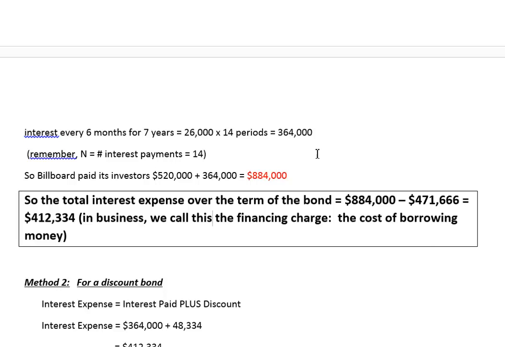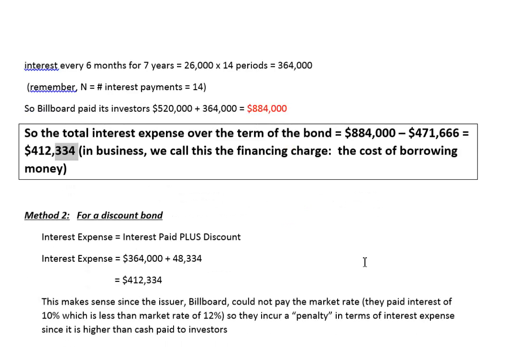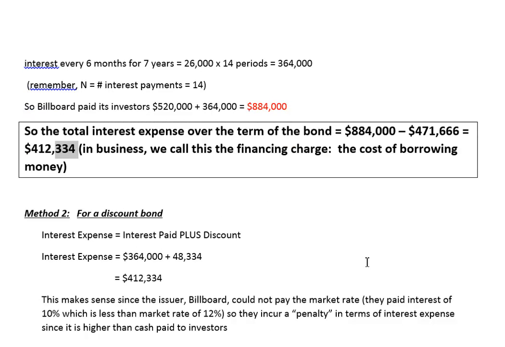So if you had to pay back your investors, if you're Billboard, $884,000, and they only gave you $471,666, you as Billboard incurred interest expense over the term of the bond of $412,334.